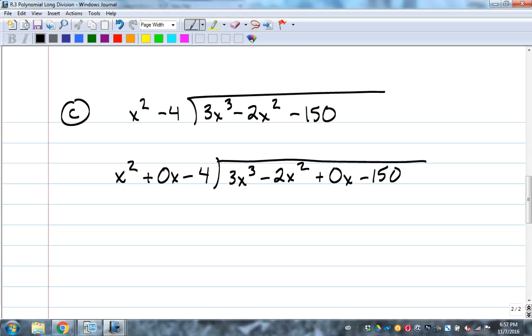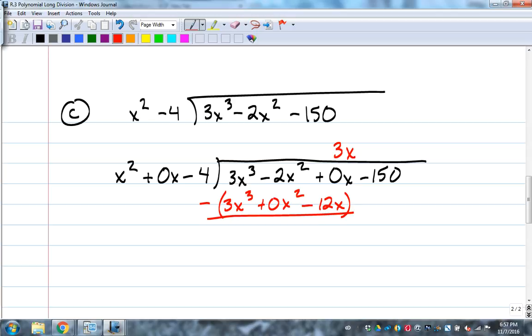And now we look at the x squared and say, what times x squared gets to be 3x to the third? 3x. Well, that goes way on that end. So that's 3x cubed, and then 0x squared and negative 12x. Parentheses, subtract.